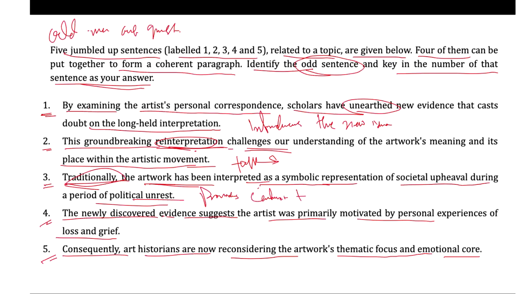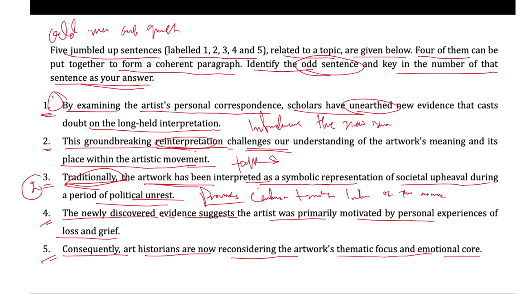So in that case, yes, we can say this would be the second sentence. The first one stated that by examining the artist's personal correspondence, scholars have unearthed new evidence that cast doubt on the long-held interpretation. And traditionally, the artwork has been interpreted as a symbolic representation of societal upheaval during a period of political unrest, that provides a contrast, right? That provides context about the traditional interpretation of the artwork. So therefore, one and three make a kind of pair here.